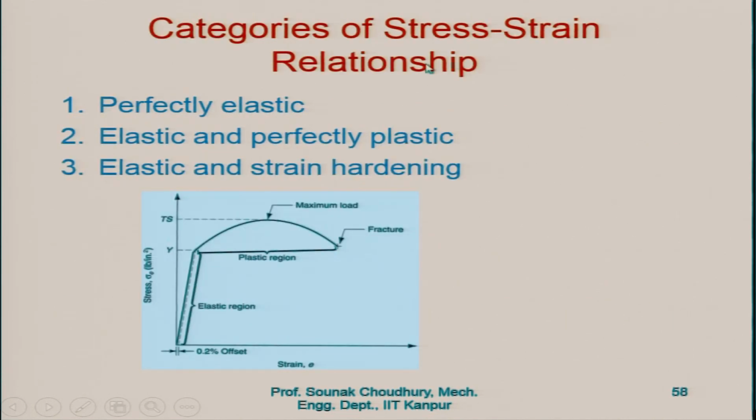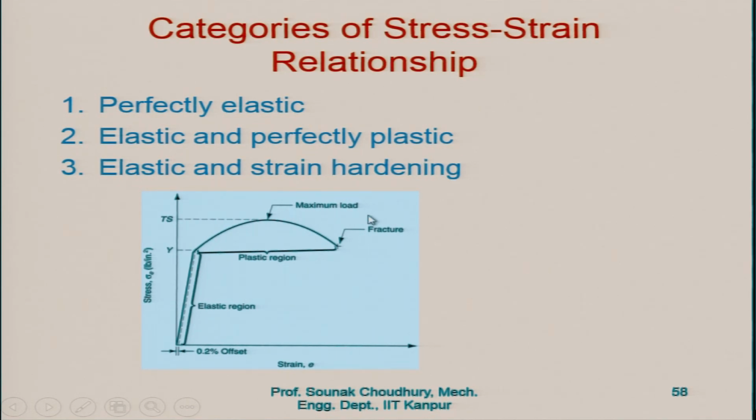Next are the categories of the stress strain relationship. There are basically three categories that we can identify. One is the perfectly elastic, second is elastic and perfectly plastic. The third category is the elastic and strain hardening.